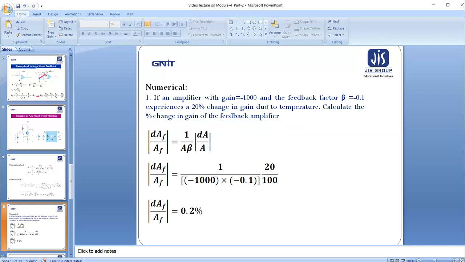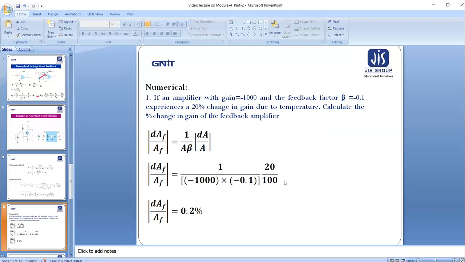When there is a change in gain of the amplifier, we always use this formula: mod dAF by AF equals 1 by A beta into mod dA by A. Just put down the values. dA by A is a 20% change, so it is 20 by 100, and 1 by A beta, where A is given as minus 1000 and beta is minus 0.1, so I have written 0.1.